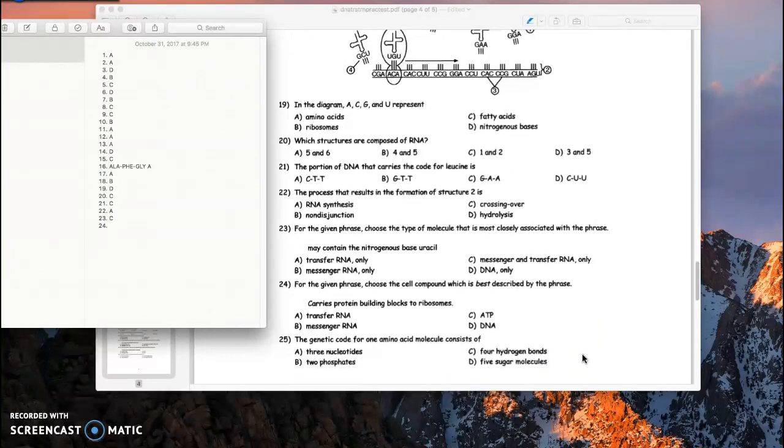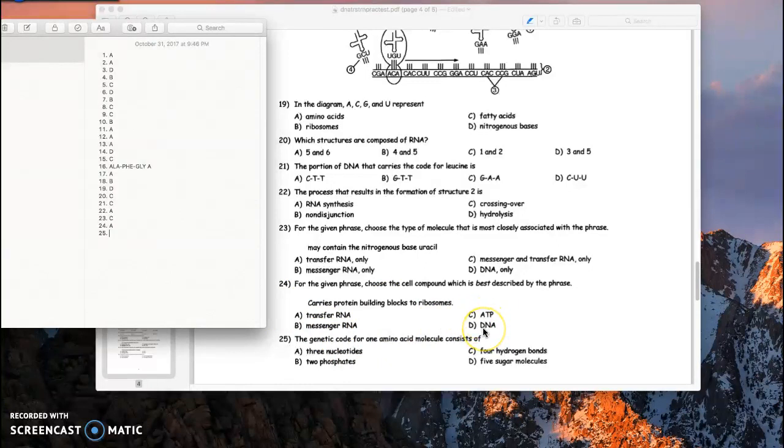For the given phrase, choose the cell compound best described by the phrase: carries protein building blocks to the ribosome. That is going to be your transfer RNA. Transfer RNA brings amino acids, or protein building blocks, to the ribosome. mRNA is going to be the one that serves as the template guiding the transfer RNA.